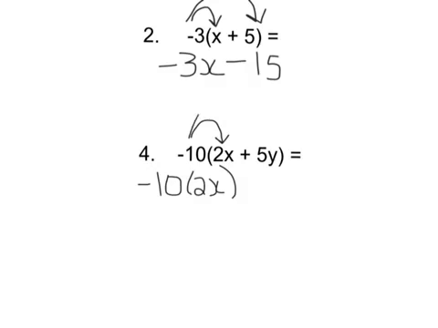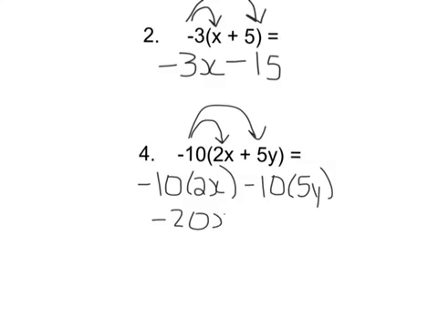And then you need to take the negative 10 and multiply it by positive 5y. So that's how you write it out in an extra step. So you now have negative 10 times 2x, which is negative 20x, and negative 10 times 5y, which is negative 50y.